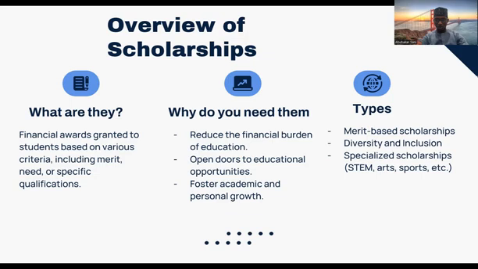We have specialized scholarships. These are provided to people who have a background in particular courses, for example STEM courses: science, technology, engineering, and math. These people could be provided with a scholarship that will help them study. And you have sports scholarships.